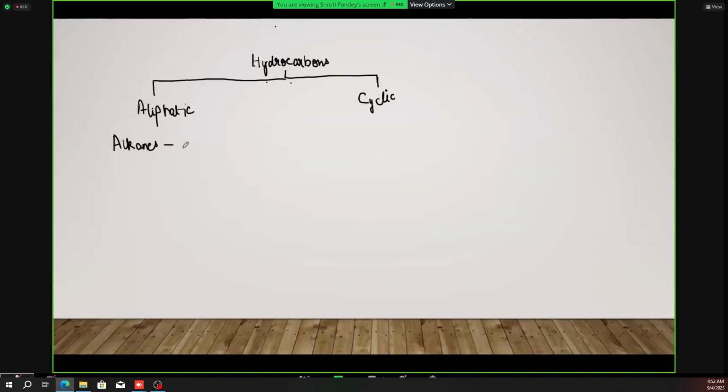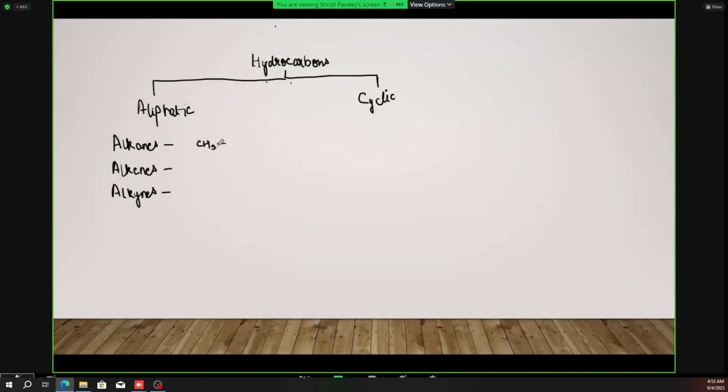The other one we come to is alkenes. Alkenes are unsaturated hydrocarbons because they may contain one or more than one double bonds. And alkynes are unsaturated hydrocarbons that contain one or more than one triple bonds. For the alkanes, you must have heard about ethane, propane, butane.